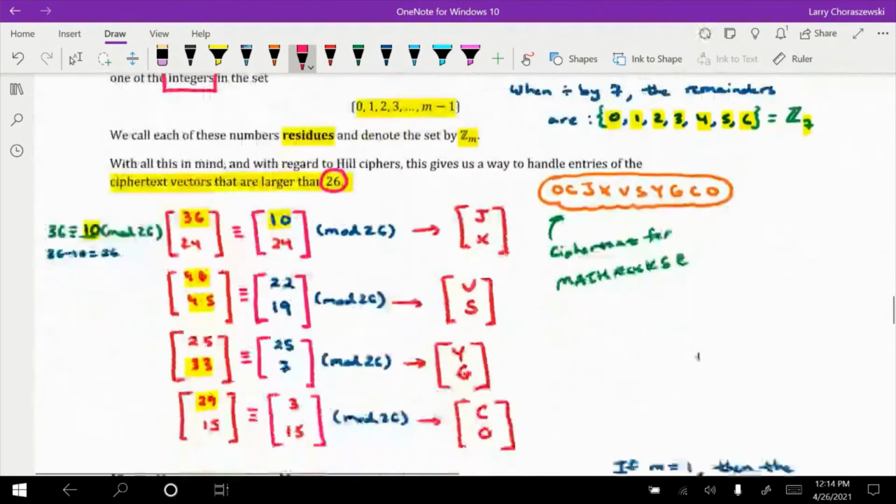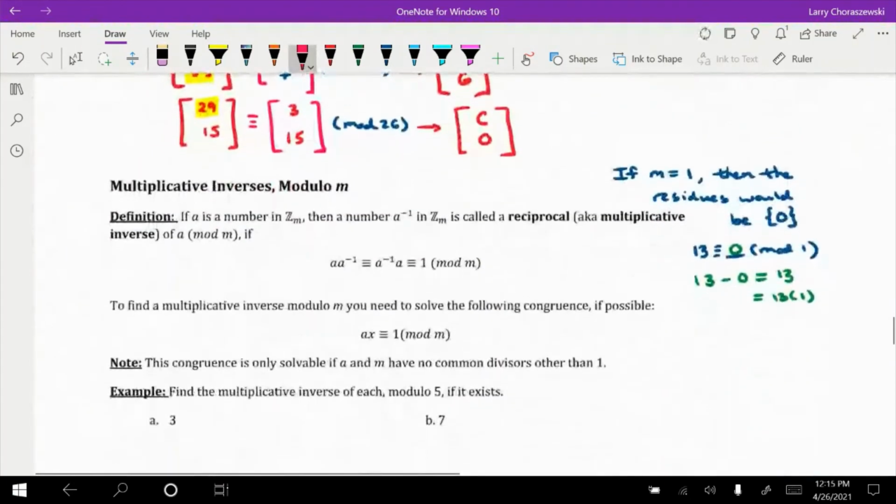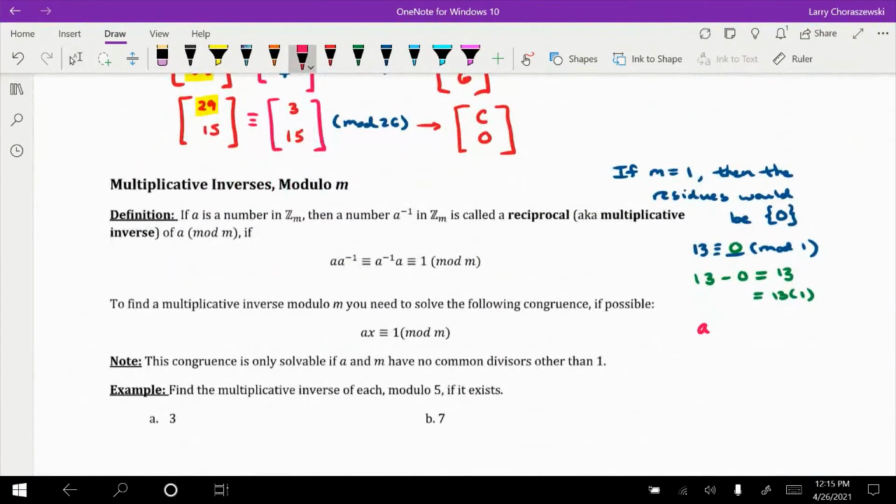Okay. So for something like 13.5 or 13.45, that's not an integer. So that wouldn't really conform to our set of residues unless you redefine what you're using when performing modular arithmetic.